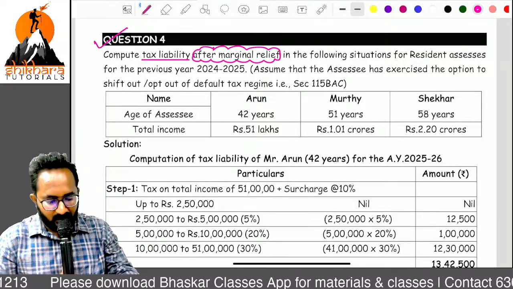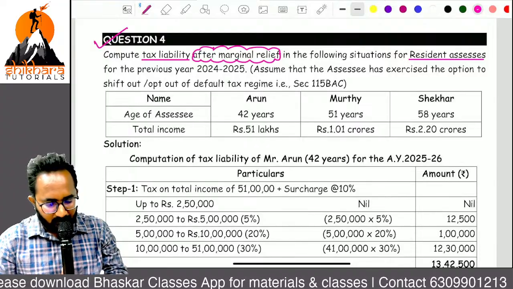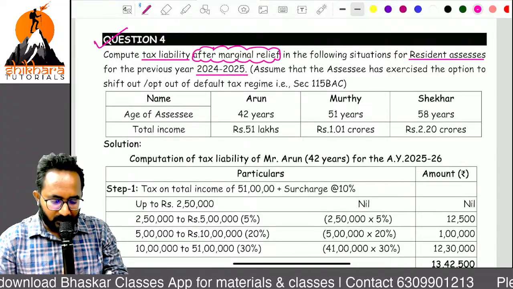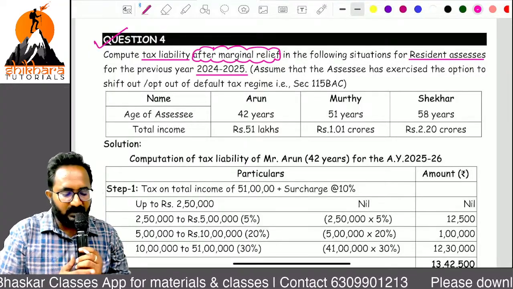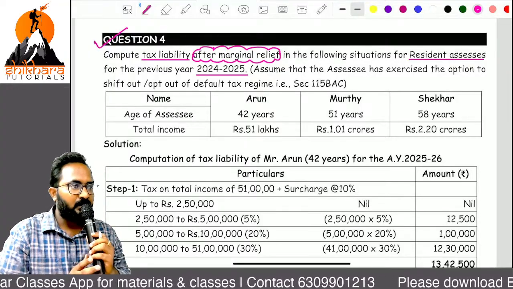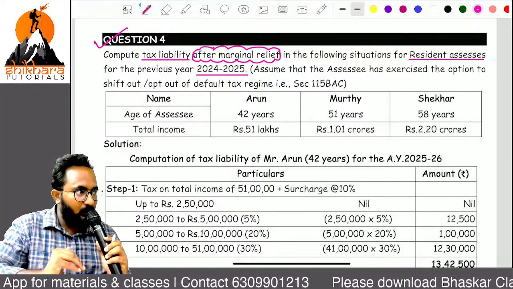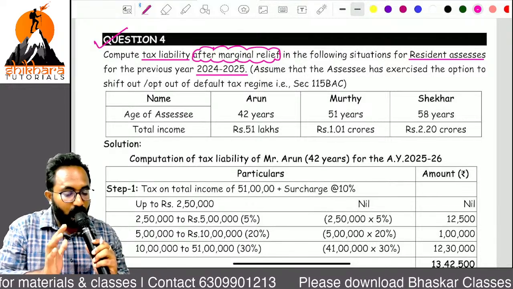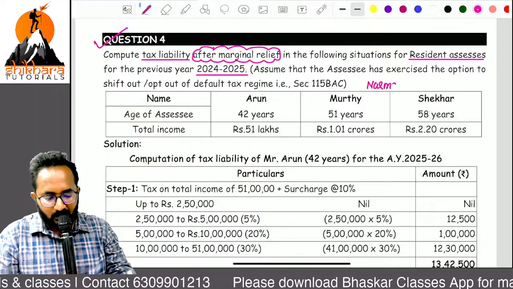So the following resident SSEs only for the previous year 24-25, but SSE is following which tax rates, ma? Please read the remaining lines and give me the conclusion. SSE following which rates, ma? Normal tax rate, because he exercised that option to opt out from 115BAC. That means what tax rates is he following, ma? Normal tax rates.